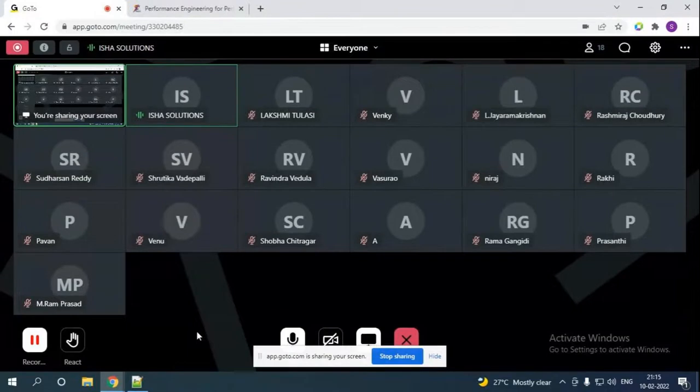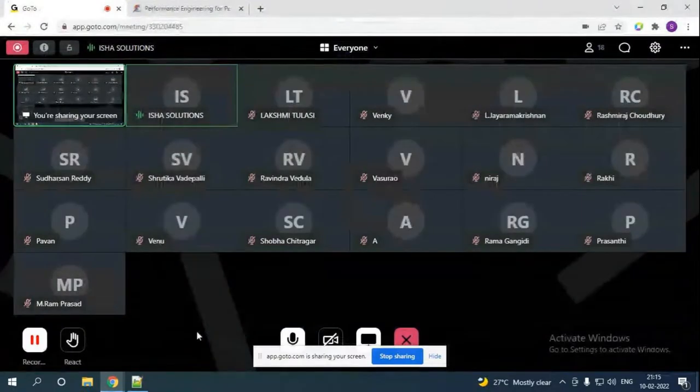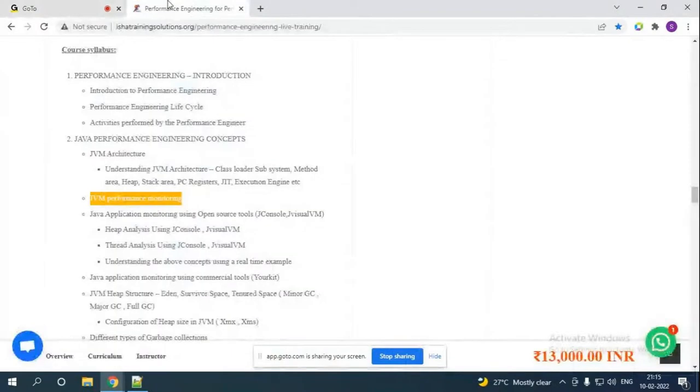We will have one sample application on our local machine, trigger a heap dump and a thread dump, and I will explain how to do the analysis using JVisualVM. Not only JVisualVM, we will learn JConsole as well, all explained with a sample application, as it happens in the real world.